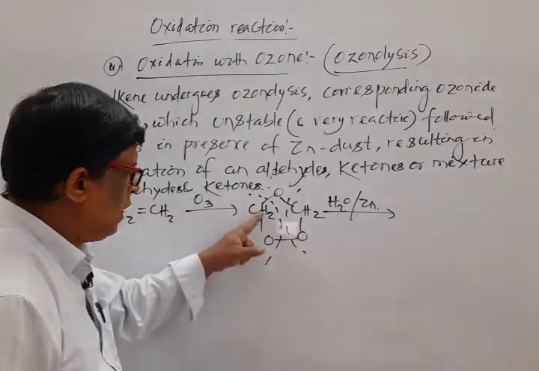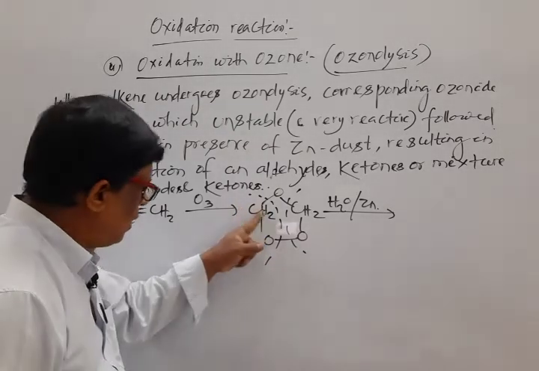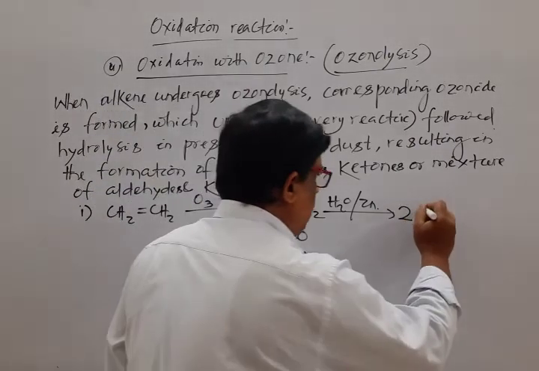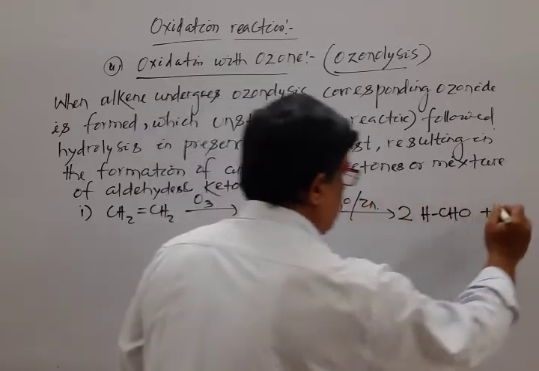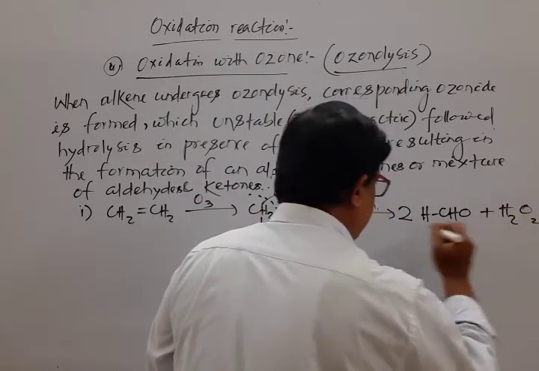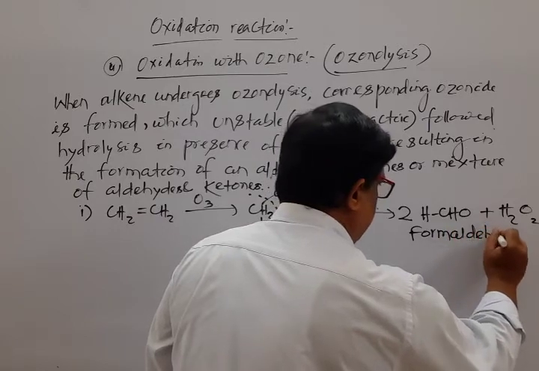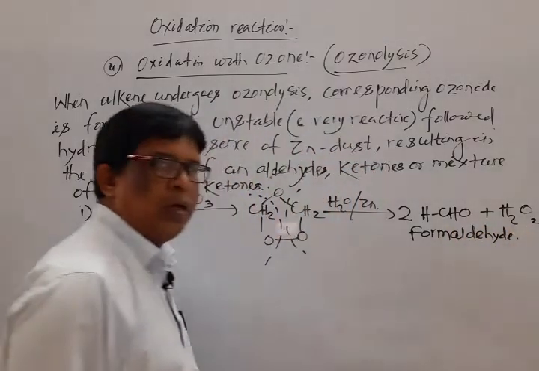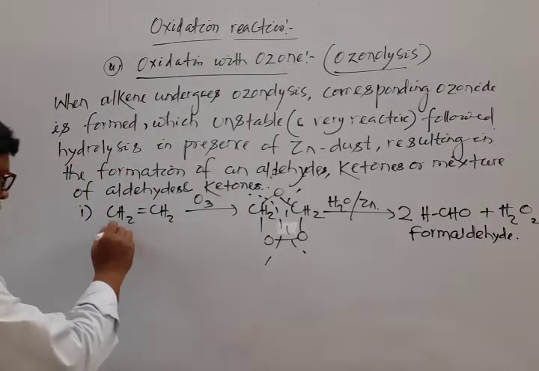So it forms CH2O, I can write it HCHO. It is 2 molecules of HCHO plus H2O plus H2O2. Its name is formaldehyde, IUPAC name is methanal. Its name is ethylene.